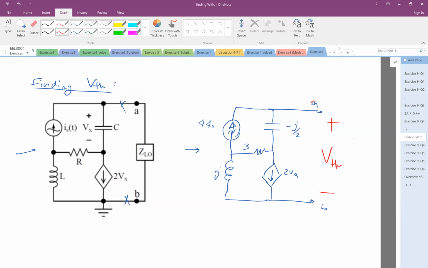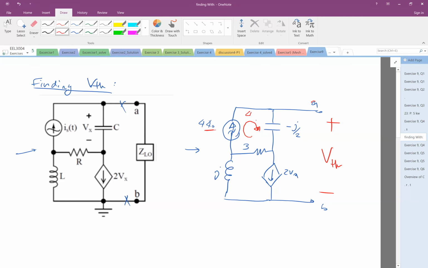Let me do a mesh here, because I see some current sources, so probably the mesh would be a viable approach. So this is 4. I got this from the IS equal to 4 cosine of 10t. So magnitude was 4 angle 0.